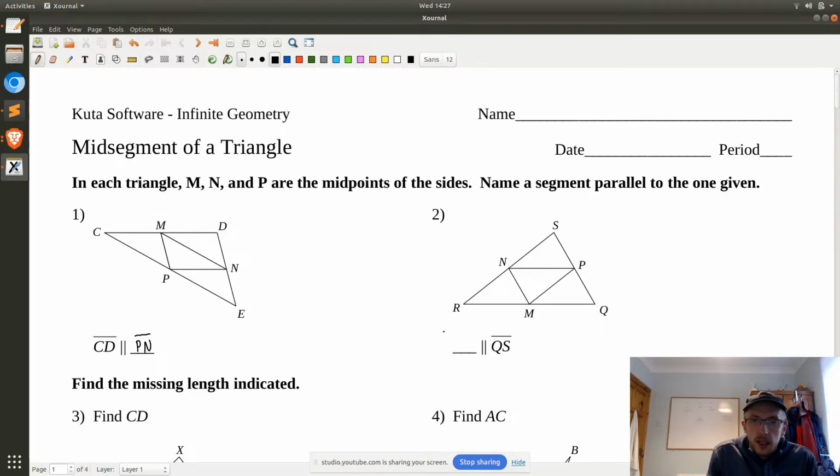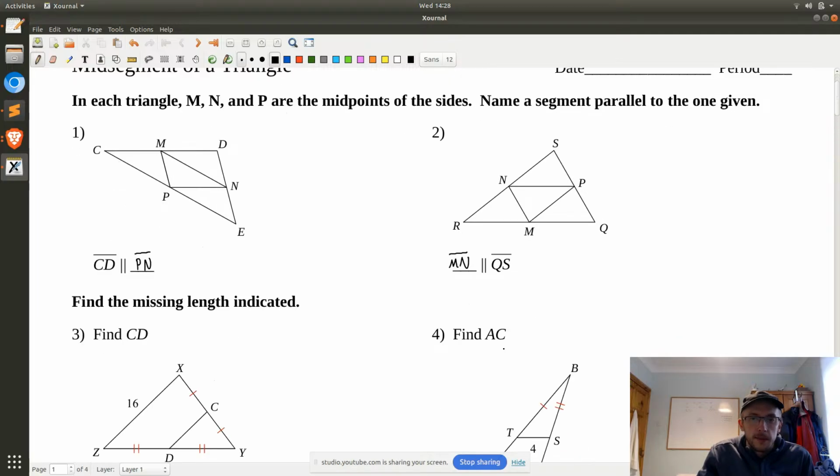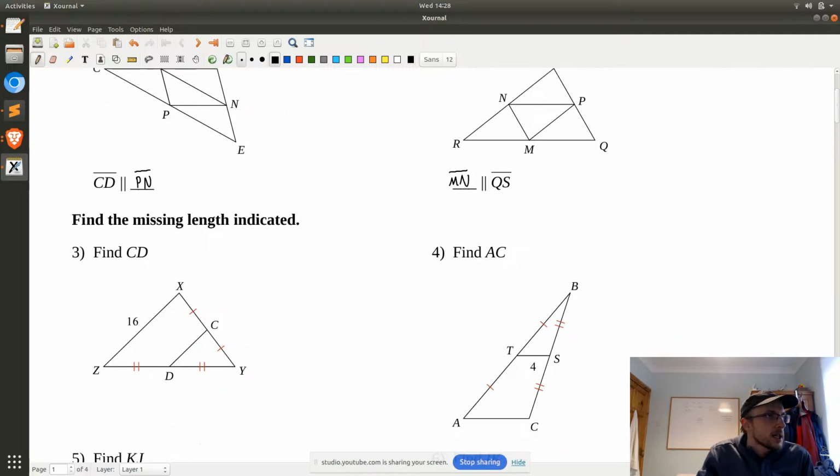Here, the line segment MN is parallel to the line segment QS. And we check. And that's correct.